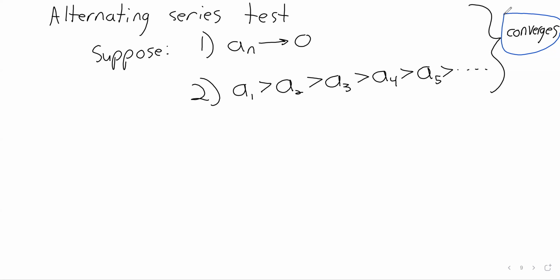Well, I said that a little wrong. It's true that if the alternating series test fails, we don't get any information. The series could diverge, the series could converge. There's no way to tell.